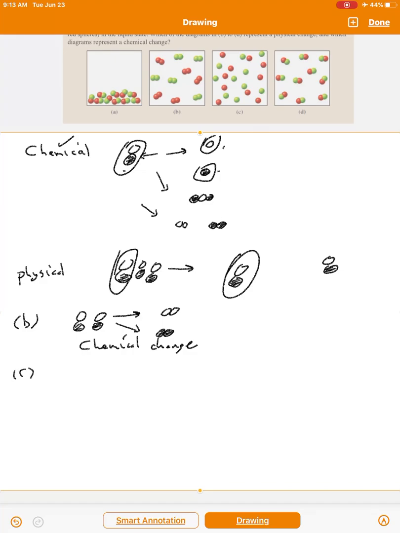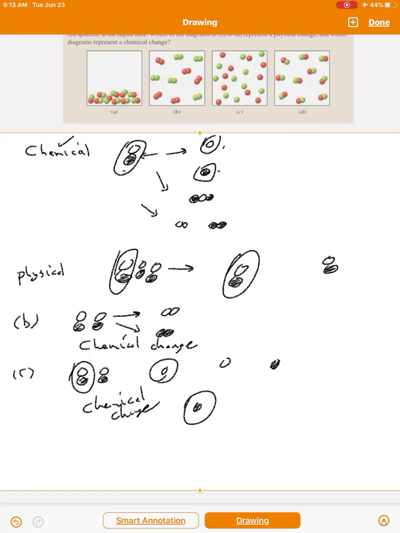cell C. Cell C, they're completely separated, right? So essentially what's happened is, these are now all separated. So this substance is completely different from this one now, but before they were together. So that's another chemical change.